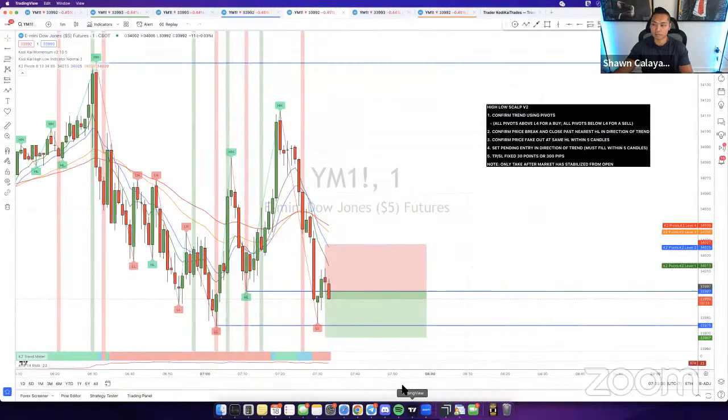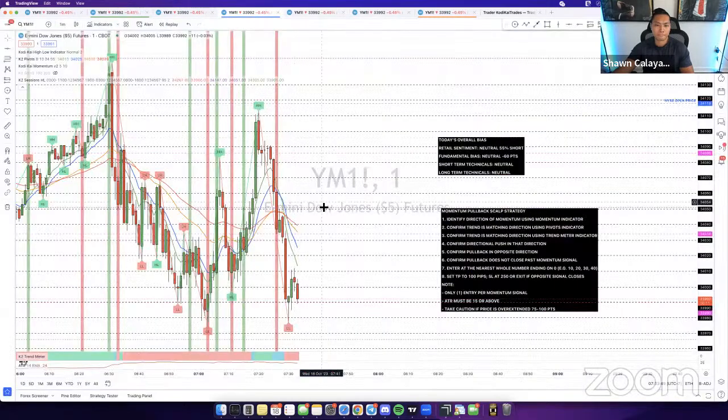So we'll see. If you guys are in the position, it's currently running in profit. I'm not in this one yet, though. All right, so I'll look for another opportunity right here as well for the momentum pullback scalp. I don't know if I would really count this one.